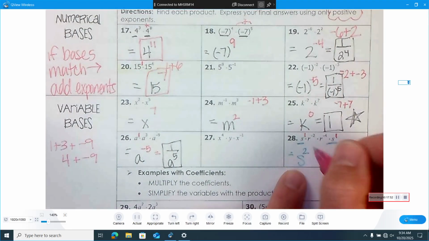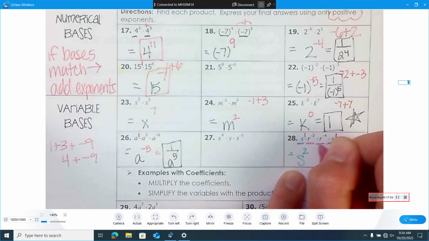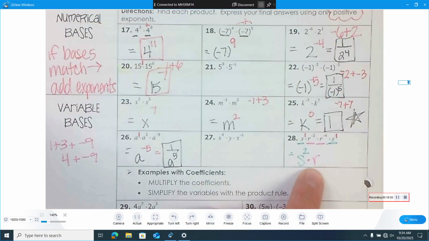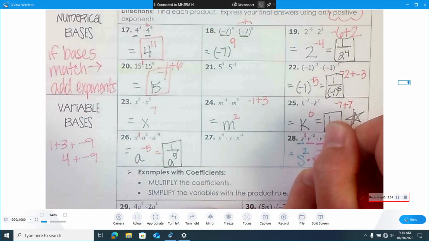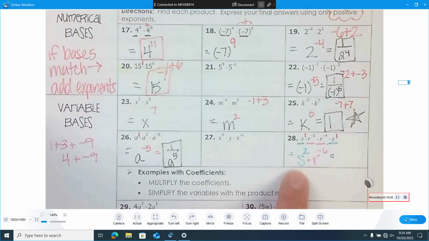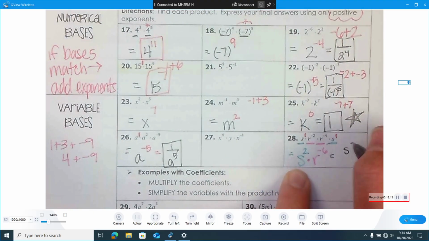And then I have R to the -2 times R to the -4. So my bases are, what do I get when I add my exponents? -6. Very good. And that's not a happy answer. Is the S squared happy? Yeah, the S squared is happy. He's going to stay on top.